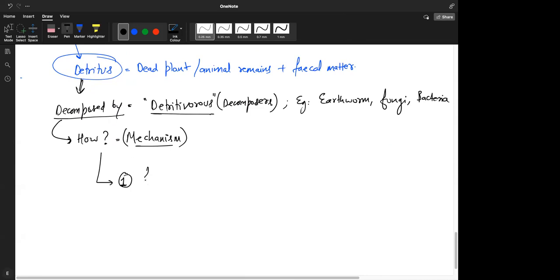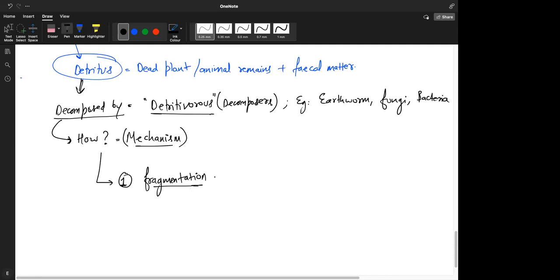So first thing that happens is fragmentation. And it's not the fragmentation that you are thinking, that we have studied in asexual reproduction in lower organisms, but the concept is same, that you break down. So here the fragmentation is happening of this detritus. So physically breaking down the detritus into small particles.